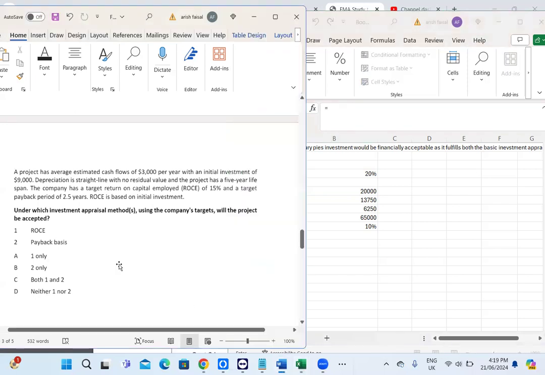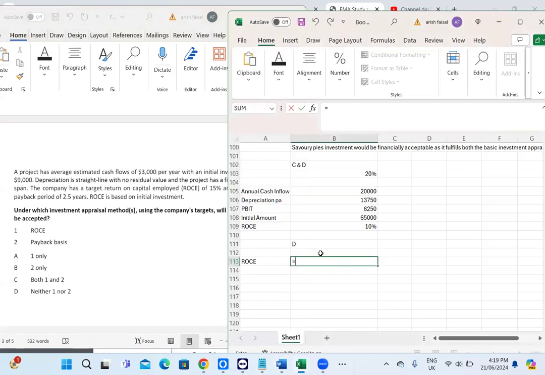As far as the ROC is concerned, you just have to deduct the depreciation because the cash flow is already given to you. So the depreciation will be 9,000 divided by 5 years, so the depreciation per year is 1,800. And the cash inflow per year is 3,000. I need to find out the profit, so I'll take the cash inflow and subtract the depreciation so I can get my average profit per year.